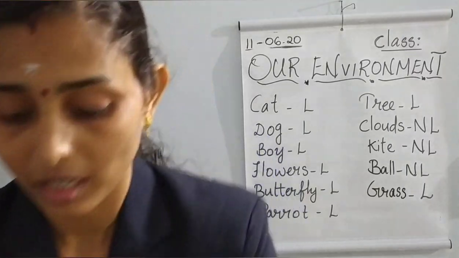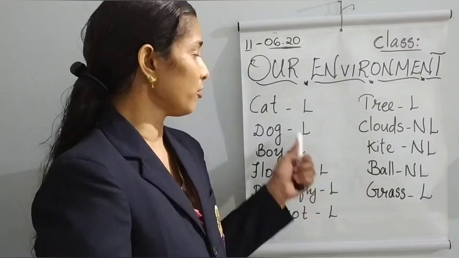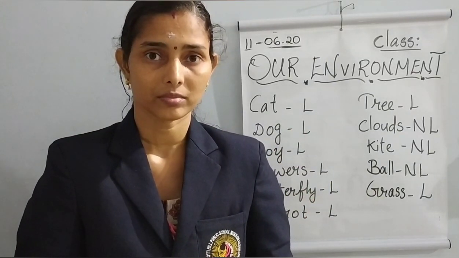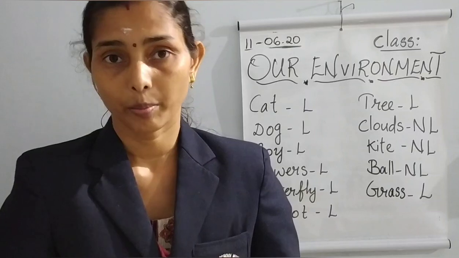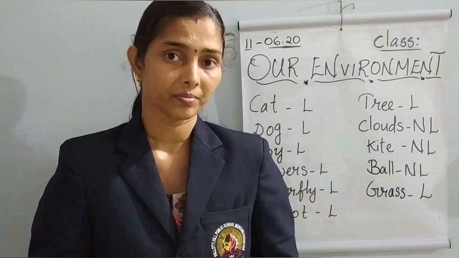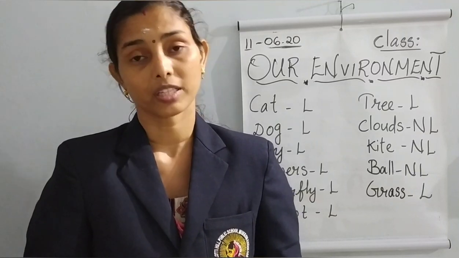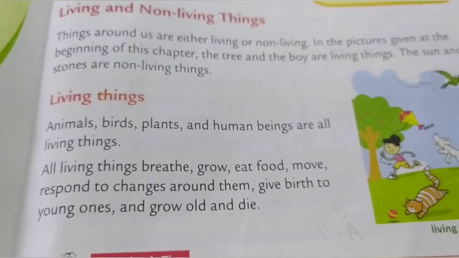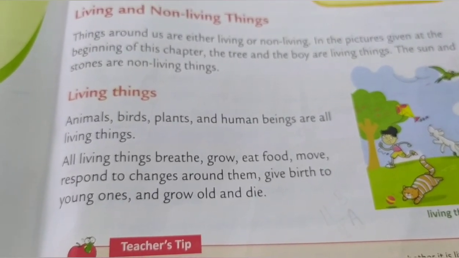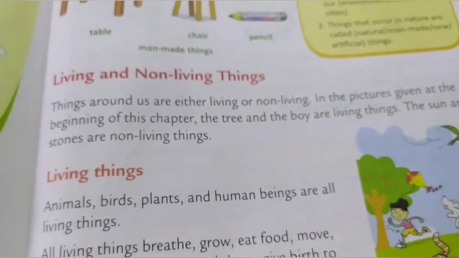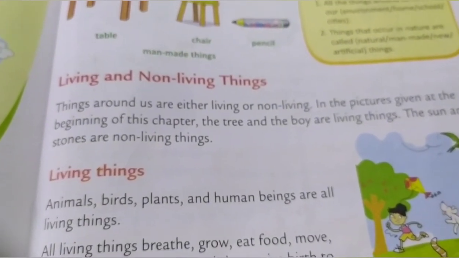Then we can learn about the features of living things. What are the features of living things? Living things breathe, living things move, living things need food, living things respond. Okay. Listen children, keep your finger in the textbook and go through the lines.